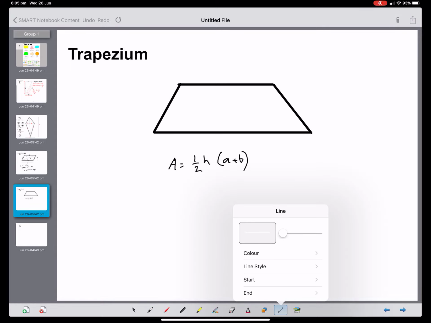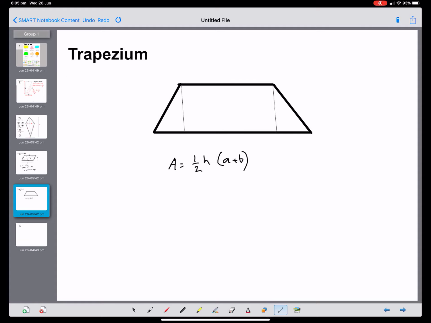So often when we have shapes like this, it's useful to split the shape up into rectangles and triangles.